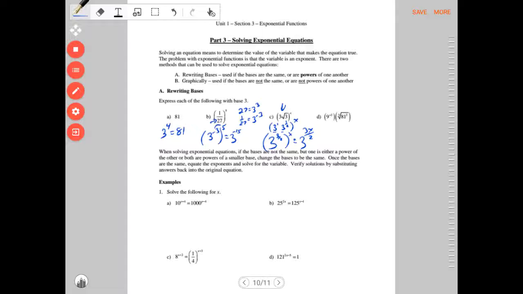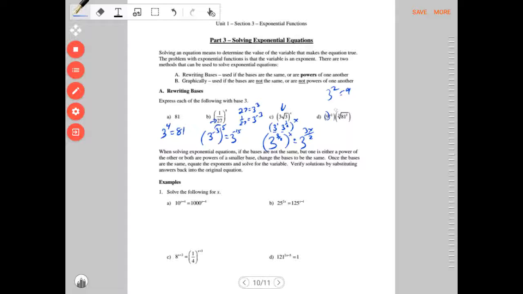Now, D's a little tricky, because we've got 9s, we've got 81s, we've got roots, okay, all sorts of things. Not a problem. We still need to write everything as base 3. So the issue here, so 9 is 3 squared.